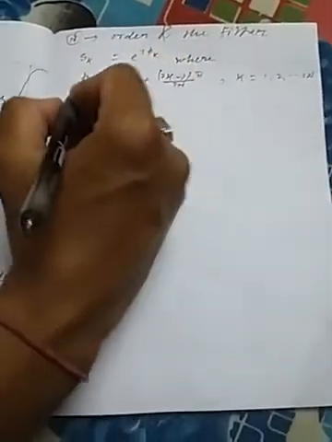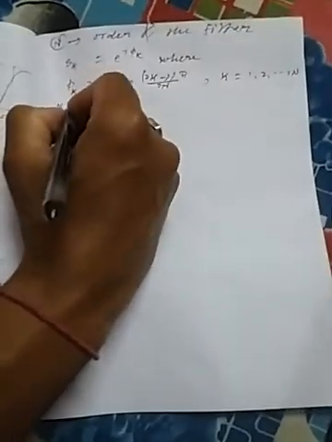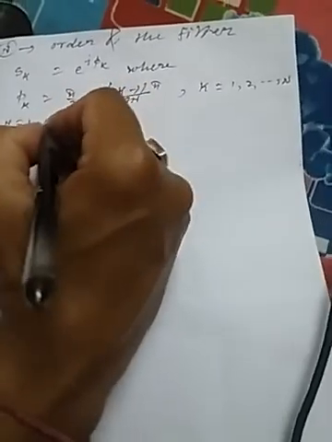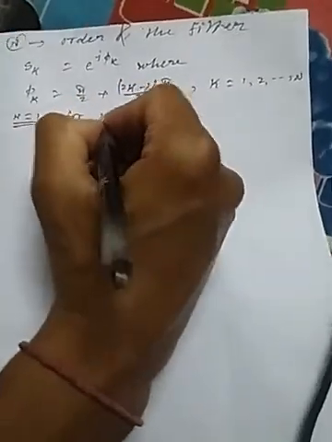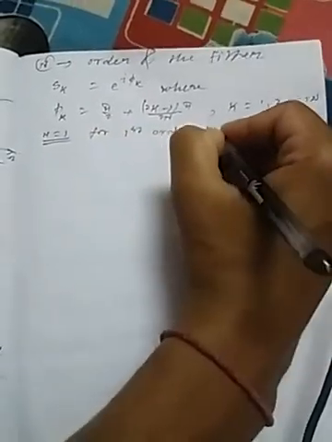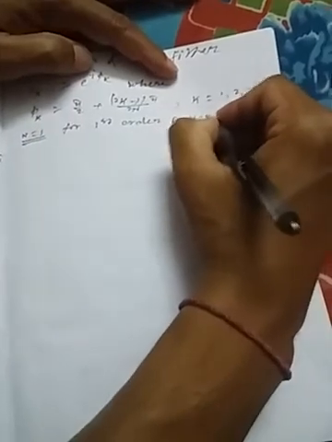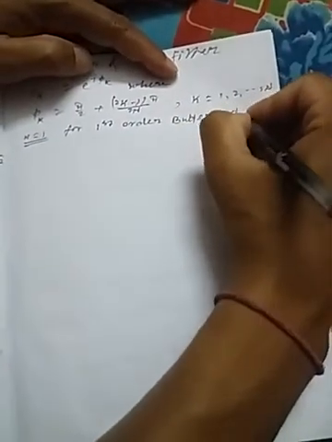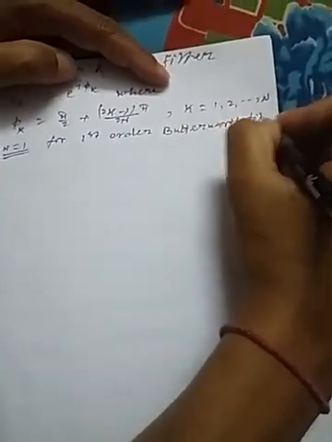Now say for a first order Butterworth filter, the value of n equals 1.